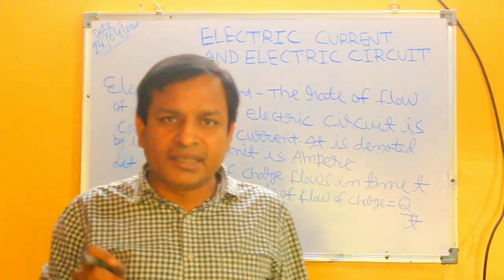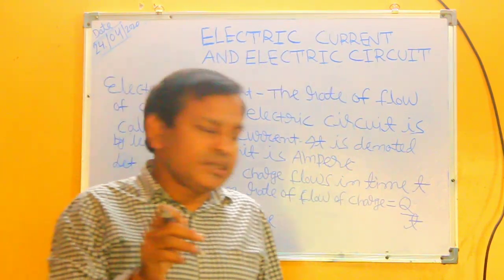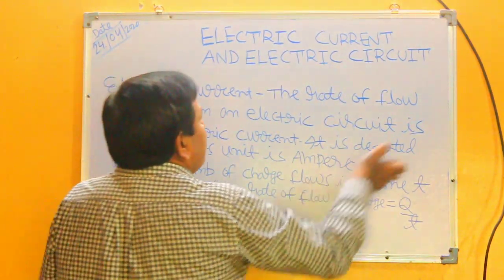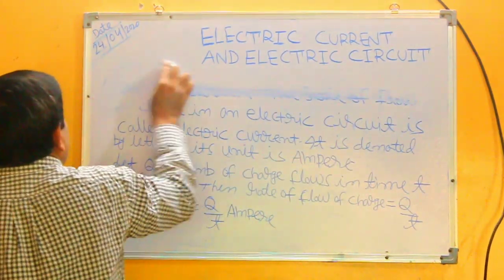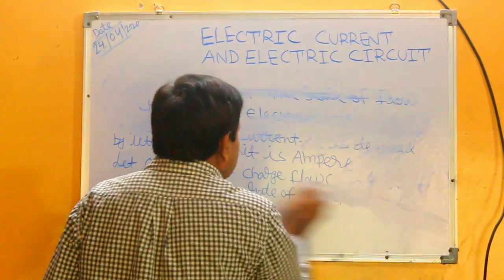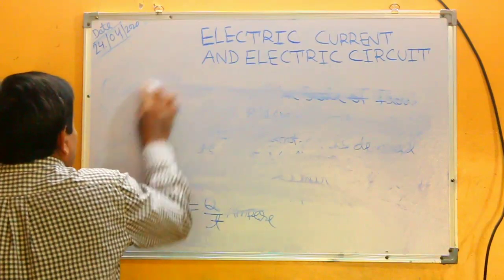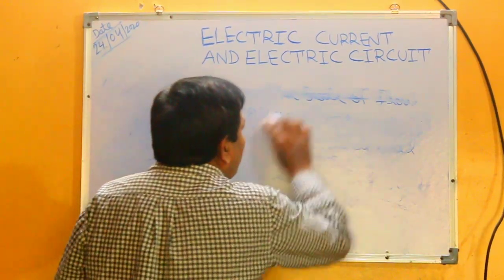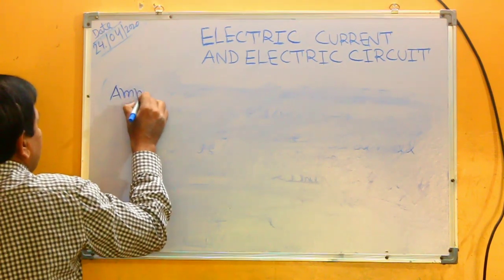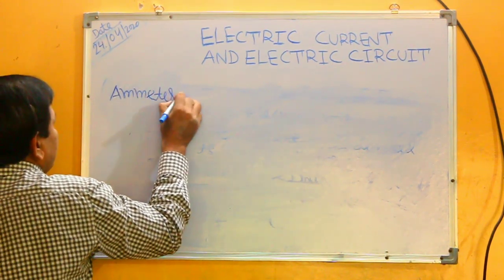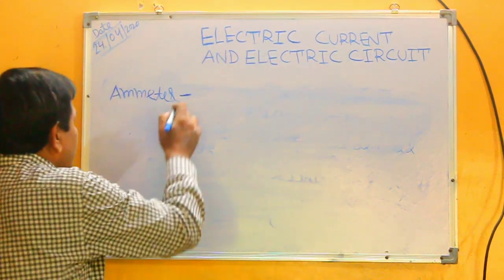The device that measures the amount of electric current is known as ammeter. The ammeter is a device that measures the amount of current in a circuit. Ammeter, A-M-M-E-T-E-R. It is named after ampere, and the name has been written as ammeter.